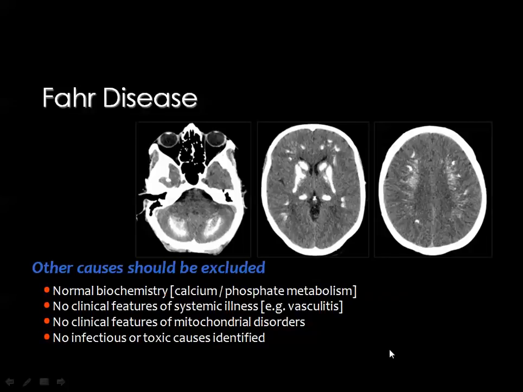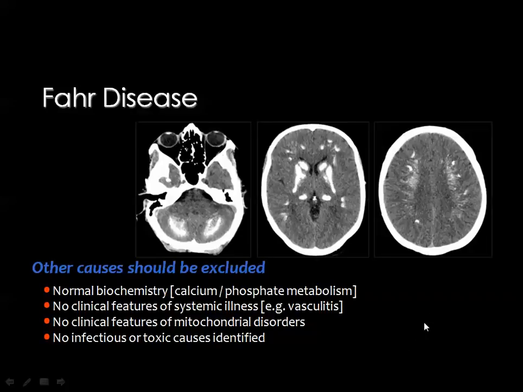Then there are a lot of diseases that can produce basal ganglia calcification, like hypoparathyroidism and pseudohypoparathyroidism, and any parathyroid abnormality, also the thyroid diseases and Parkinsonism and radiation, many diseases that can produce this basal ganglia calcification.